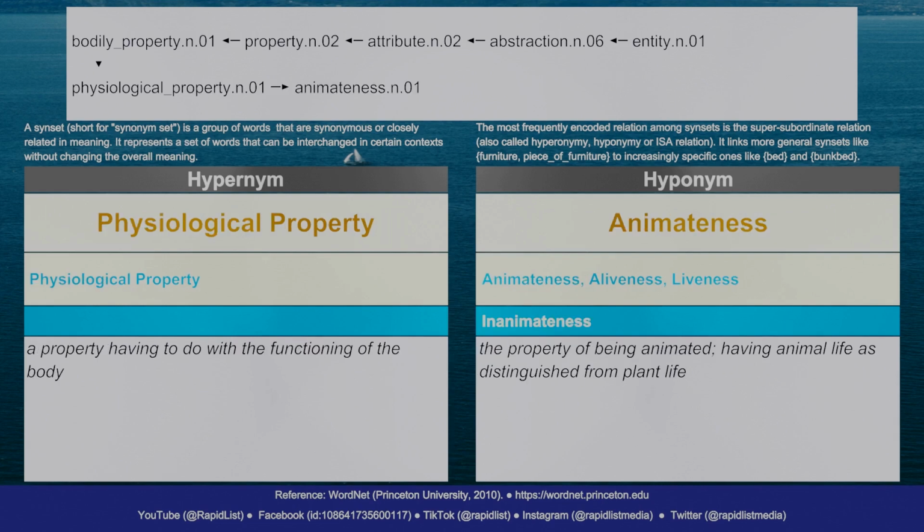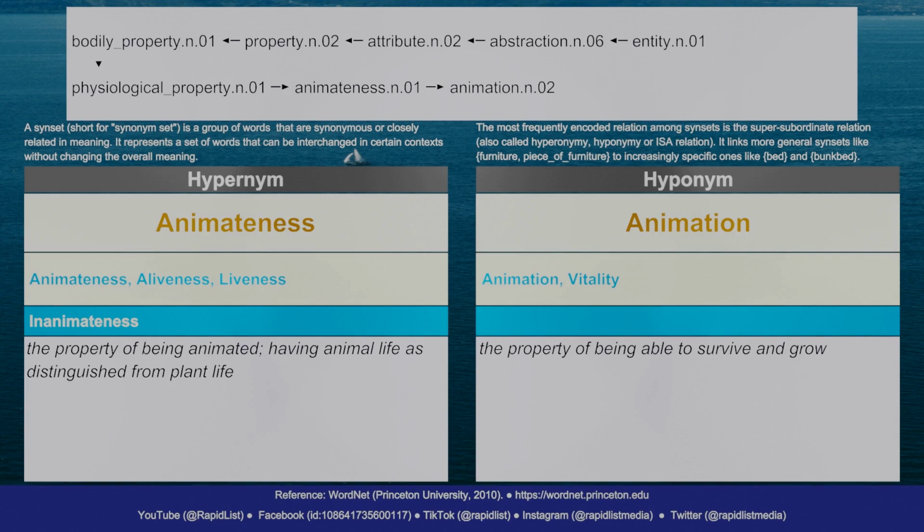Animateness. The property of being animated, having animal life as distinguished from plant life. Animation. The property of being able to survive and grow.